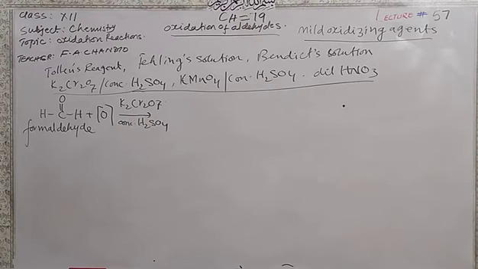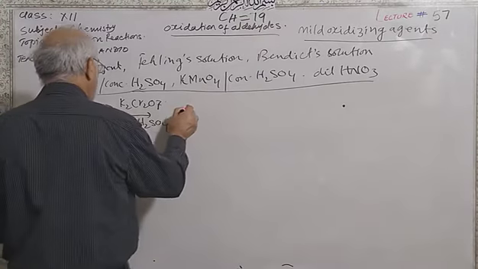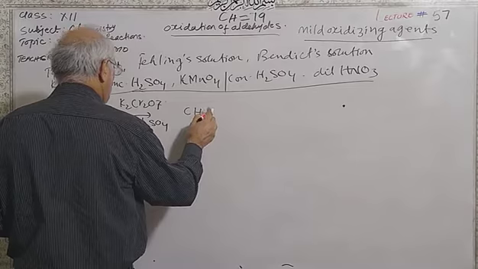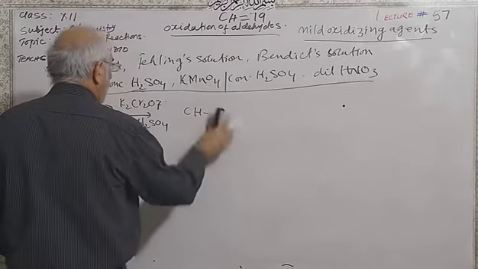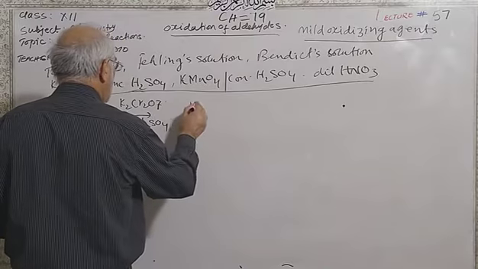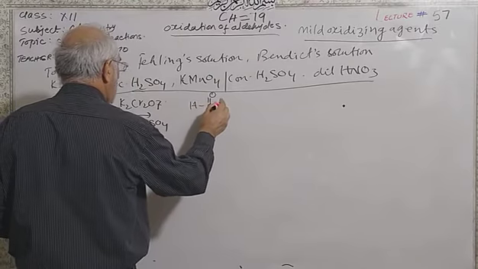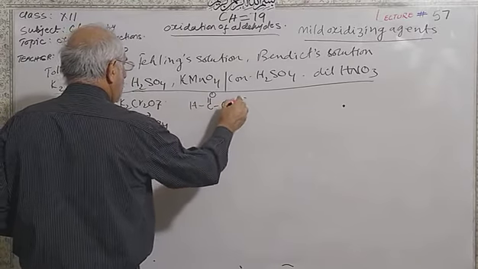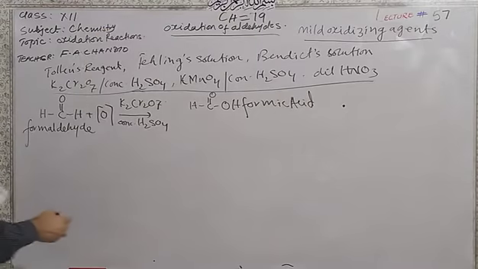So formaldehyde is going to be oxidized to give formic acid.